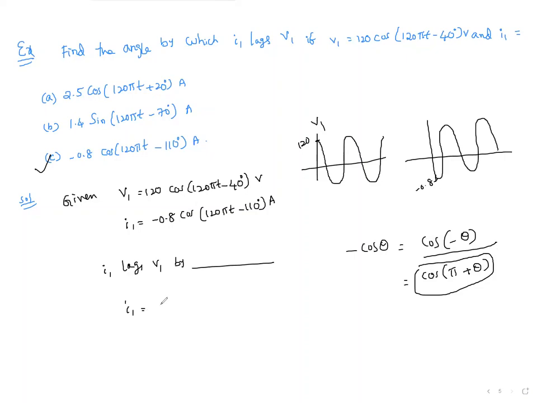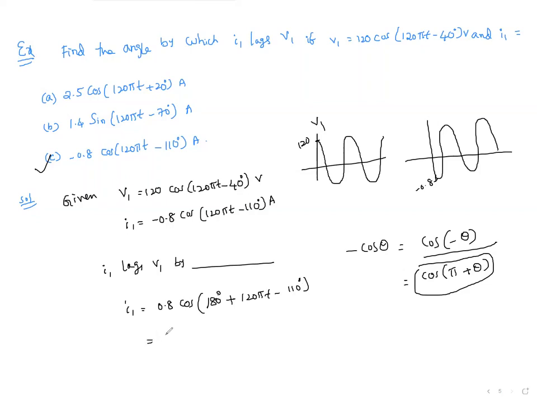So what I'll do is 0.8 cos of, this is pi. Pi means 180 degrees plus this total 120 pi t minus 110 degrees. Understood what I did? Yes.